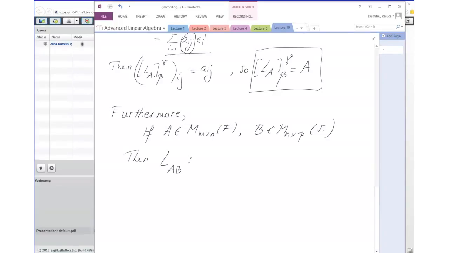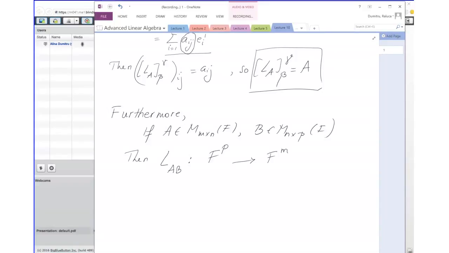You're thinking it goes from Fn to Fm. That would be L sub A. Fp to Fm, because A times B is an M by P matrix. So it's backwards, it goes from Fp into Fm.